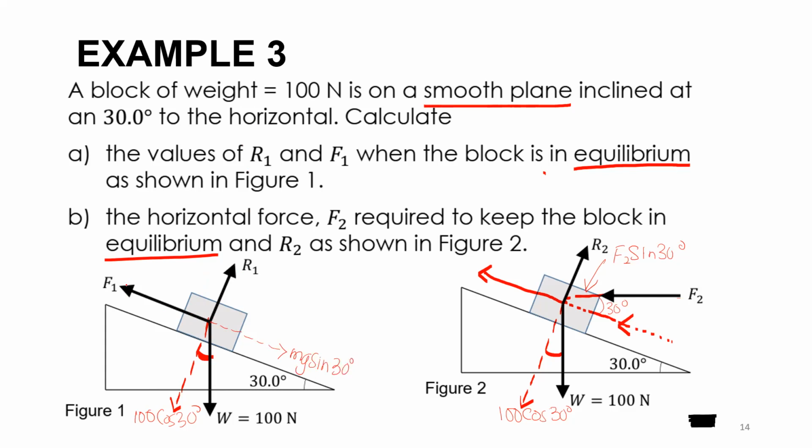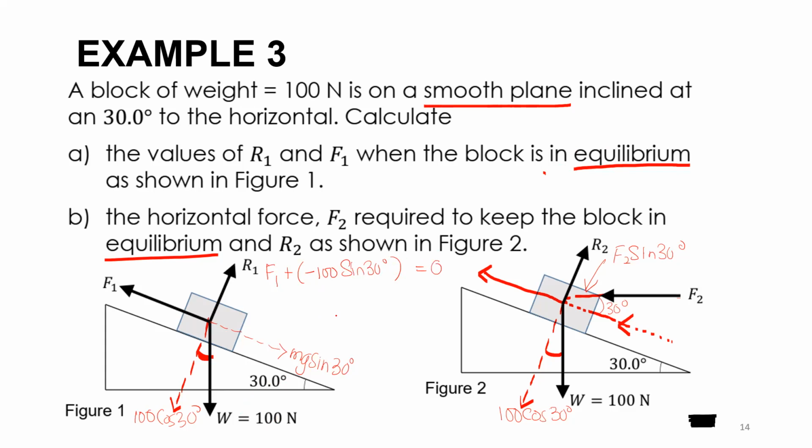So my F1, which is acting upward, if I take that as positive, plus mg is opposing, so that will be negative 100 sine 30 degrees equals, because it is in equilibrium, I'm expecting it to be 0.